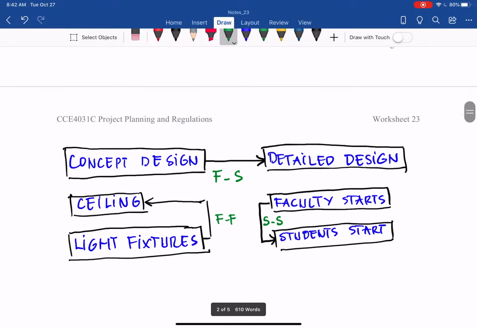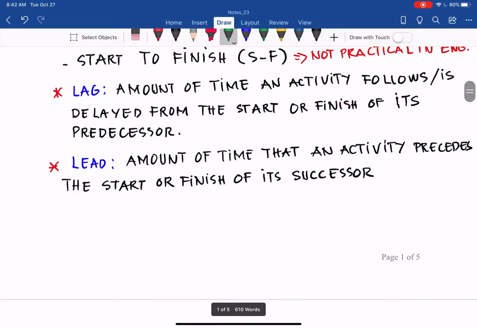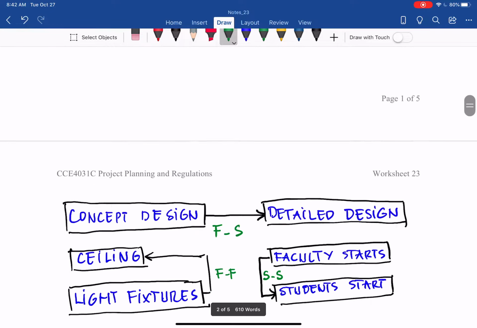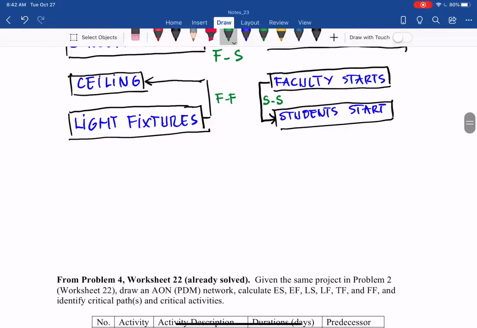The last one that we want to look at is the lead and lag factor. How does that play in modeling a project schedule? Let me give you one example here. If you place concrete and then you backfill, you cannot place concrete and backfill immediately. Let's draw it in here.